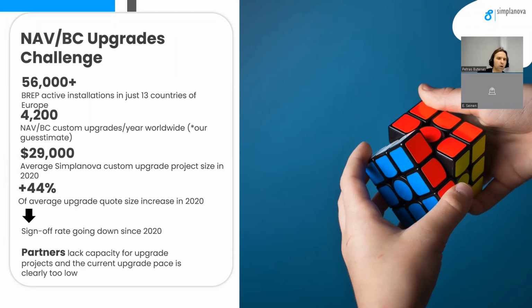Since we do a lot of cost calculations for migrations, we saw that upon the release of the new development environment, the cost has risen significantly, which led to a decrease in sign-off rates and also put a strain on partners' capacity. And if you put those together, we see that we can do fewer migrations, it's more expensive, and it's harder to sell.